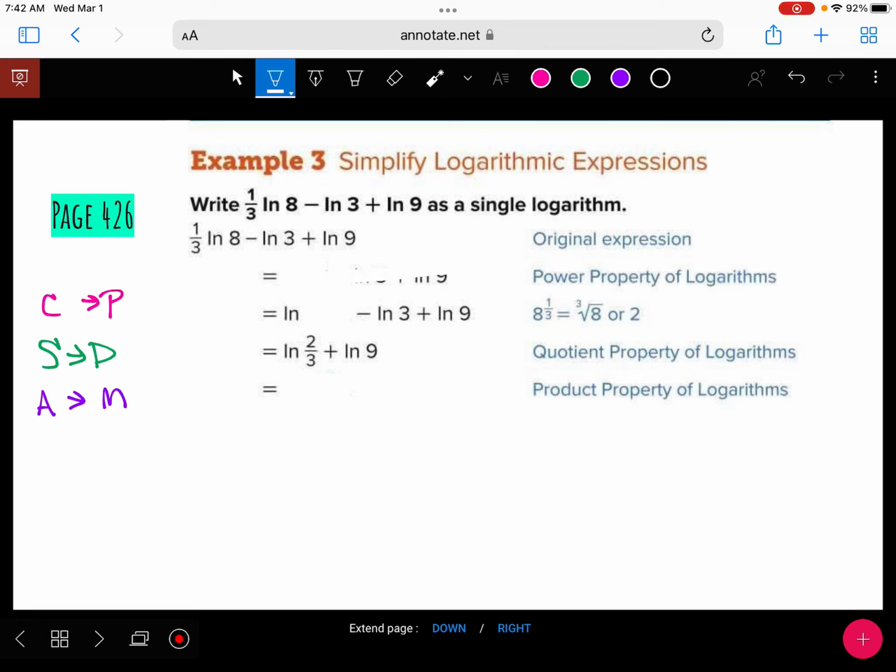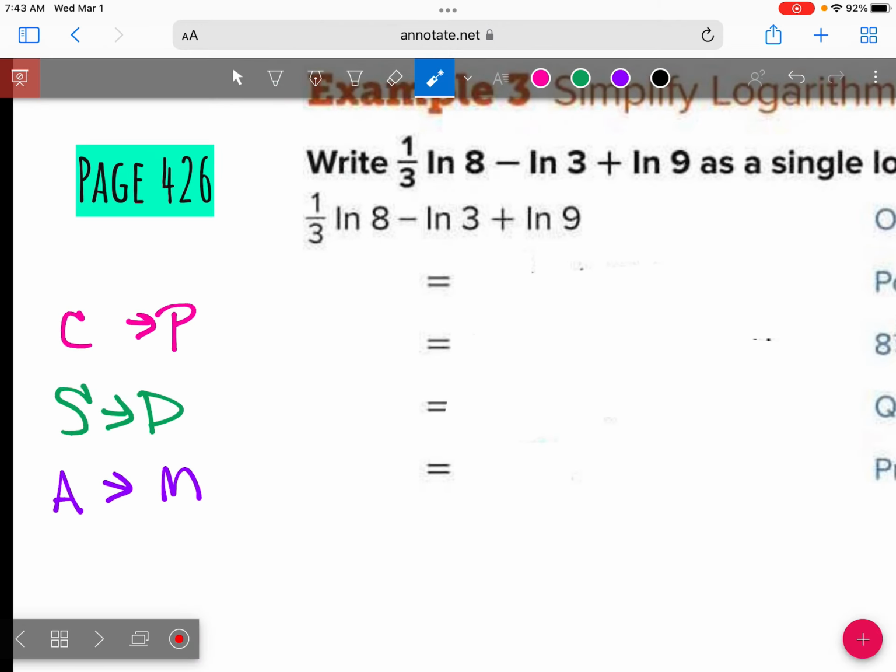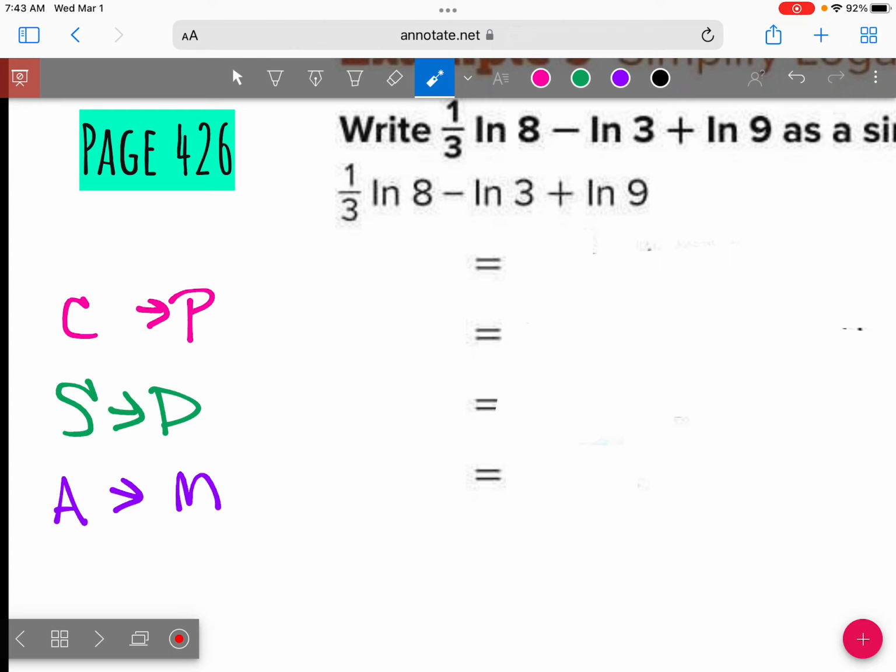I'm going to block out this so I can actually write things down. So, looking at our expression up here. What are we going to do first? The coefficients. What coefficient do I have? What do I have that's a multiplier? The 1/3.